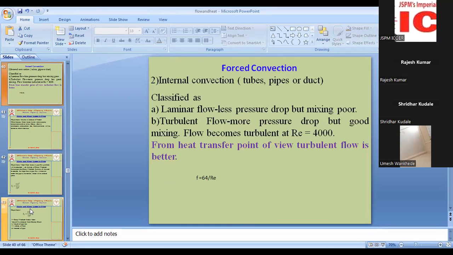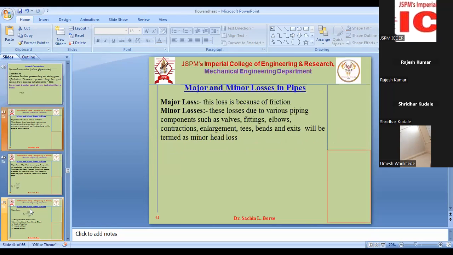From the heat transfer point of view, we get more heat transfer in turbulent flow and less heat transfer in laminar flow. Now we'll also understand, when we go for pipes, that we have to understand losses. Pressure loss occurs because of friction, that is called the major loss.